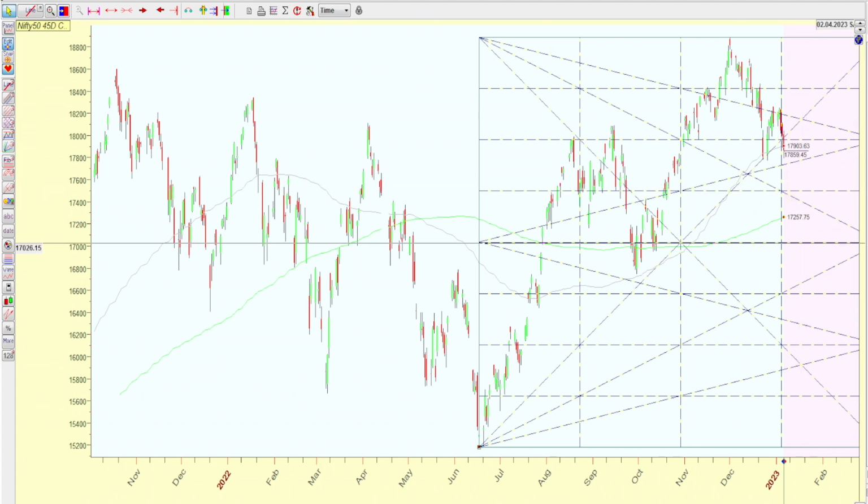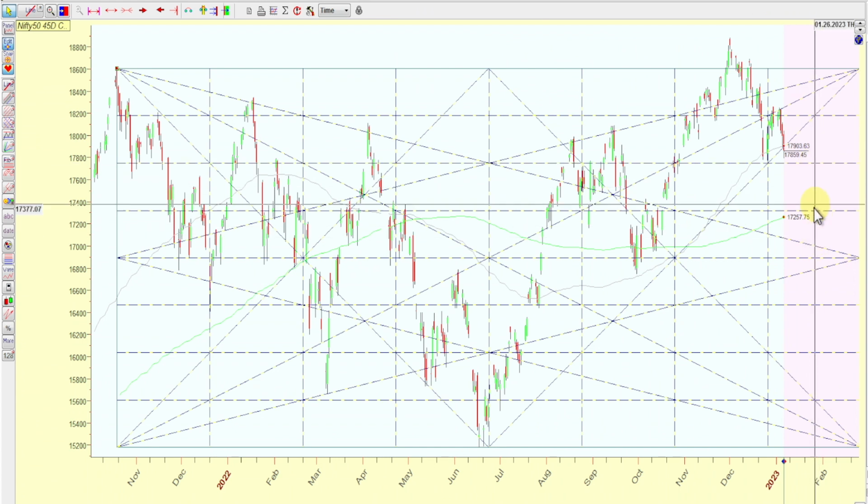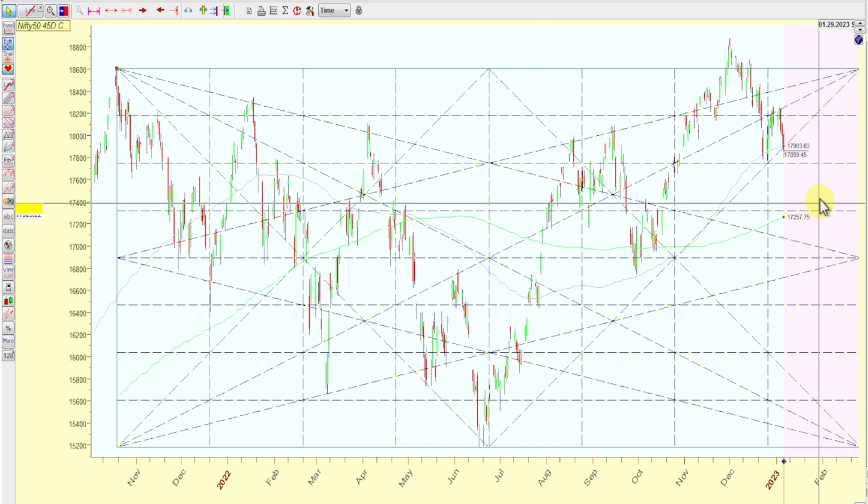So 17,499, 17,749, and 17,318 are key levels to keep an eye on using this squaring the range.